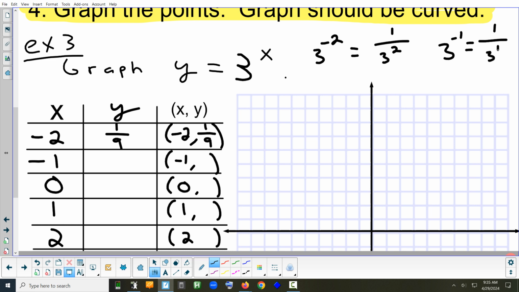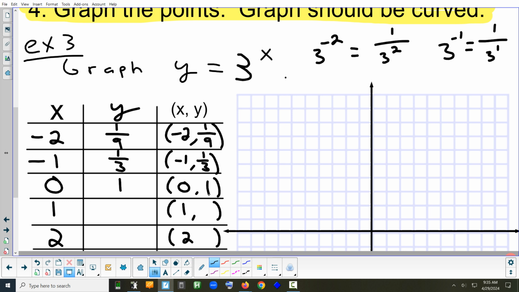Yep, 1 over 3 to the power of 1. And what's 3 to the power of 1? 3. So that one is 1 over 3. Okay, I think once the exponents are not negative anymore, then it gets a little easier. Let's plug in 0. What's anything to the 0? 1.